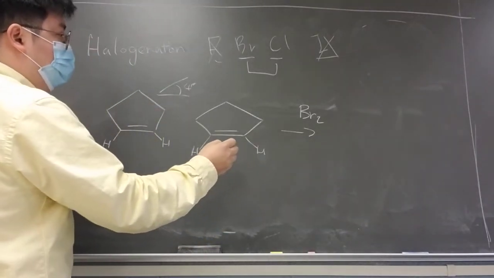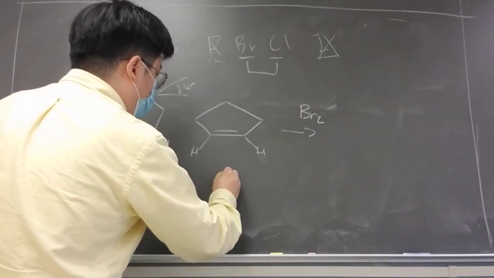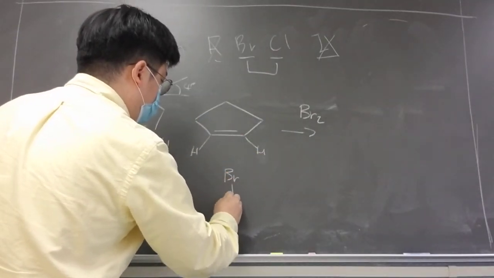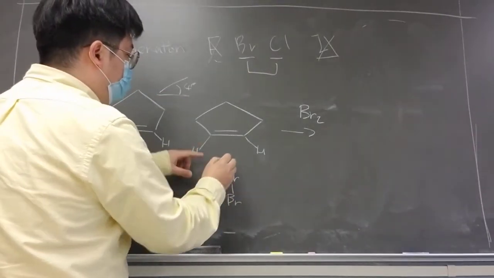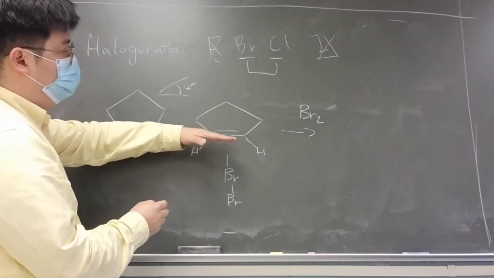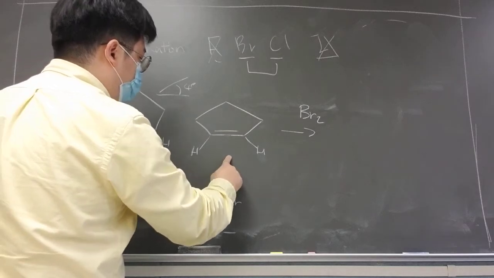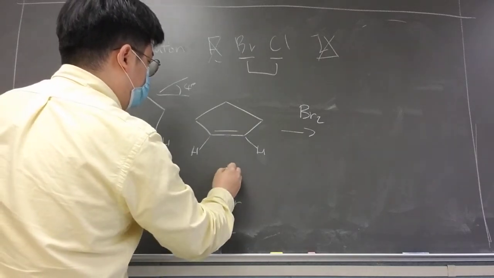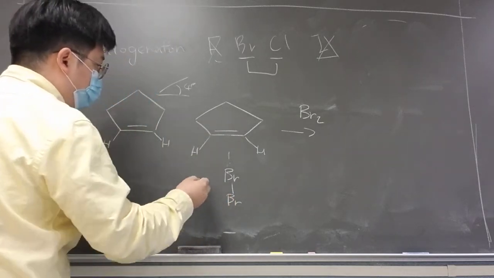So if that is the case, let's say this one comes in from one side. If you look at this cyclopentene, you have face up and face down, right? So let's say this comes in on this side, maybe the bottom side of the ring structure.